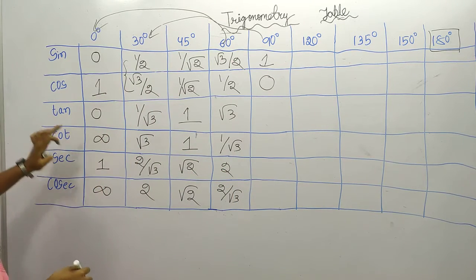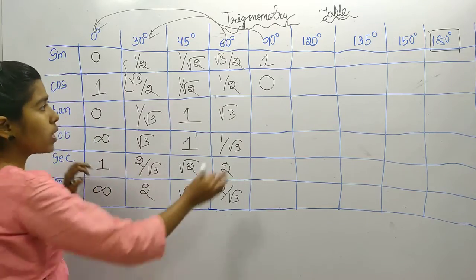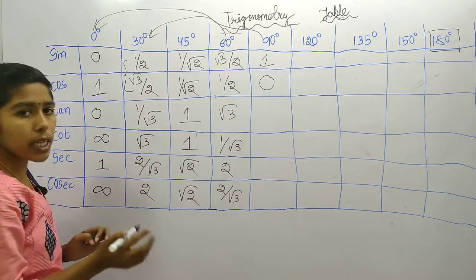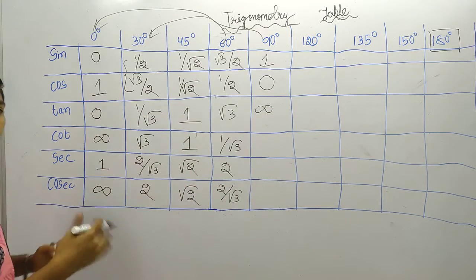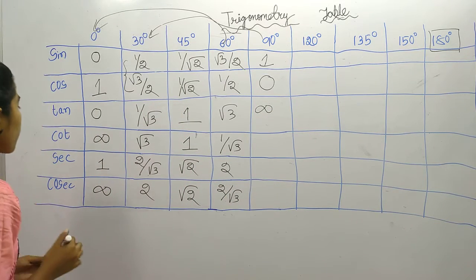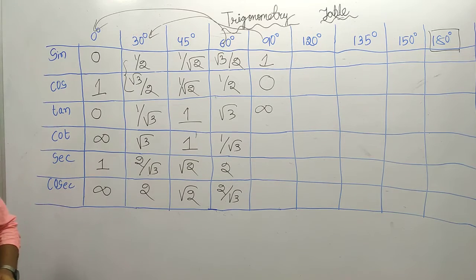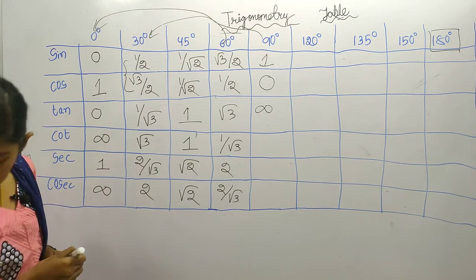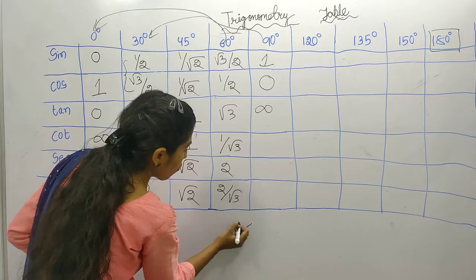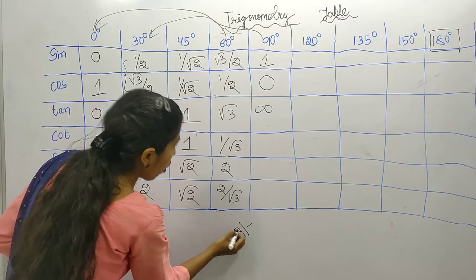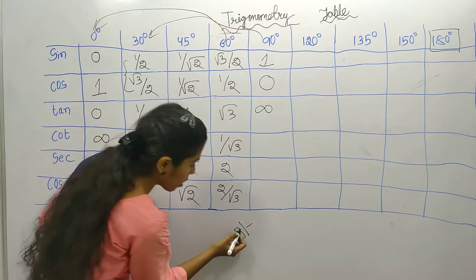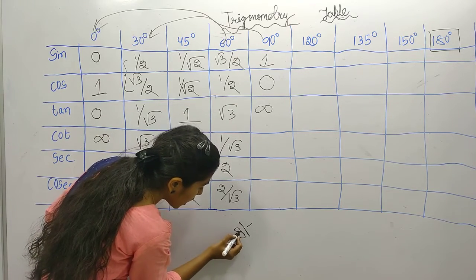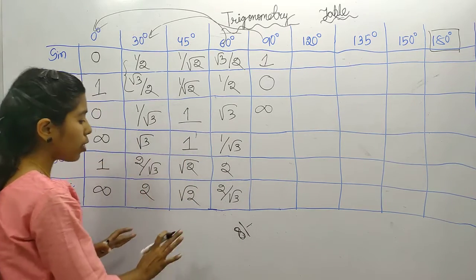Now, you can find tan is sin by cos, 1 by 0. So, anything by 0 is infinity. Same, cot. Cot is the reciprocal of tan. So, cot equals to 1 by tan. Or you can write cot, if you are confusing here, that after divided, its infinity is there, no need of confusion.